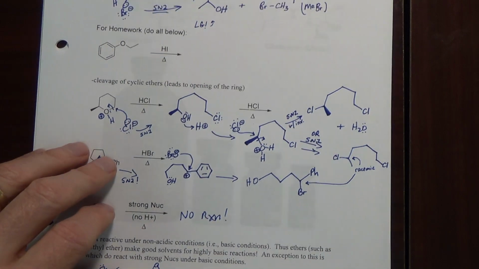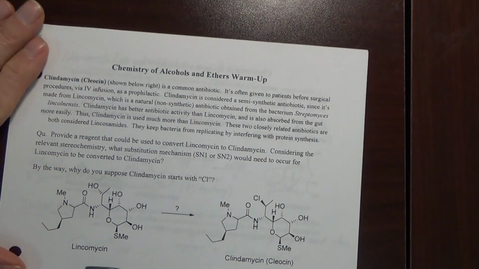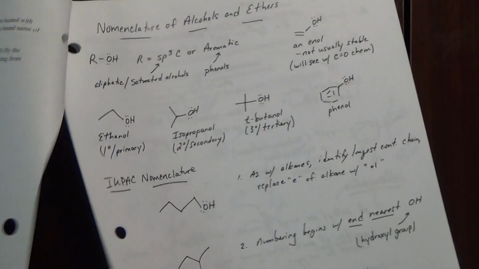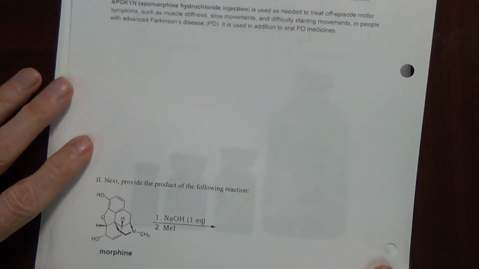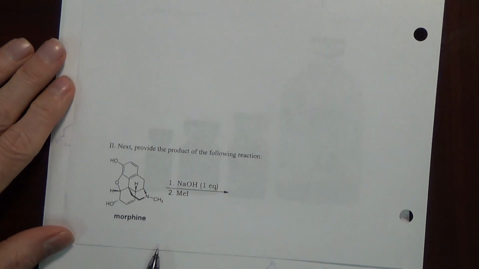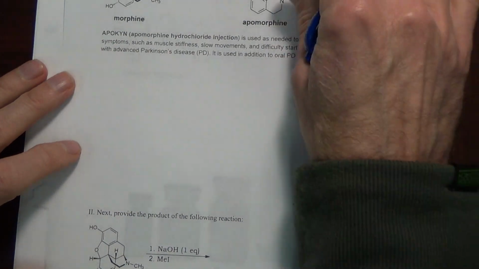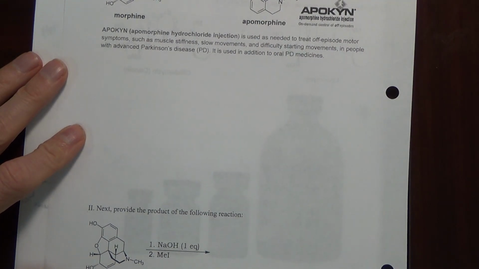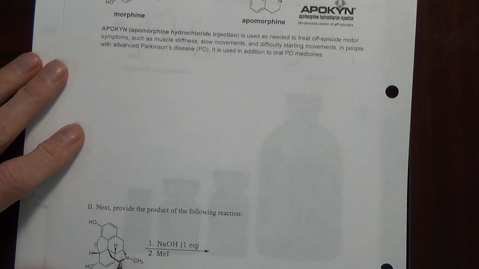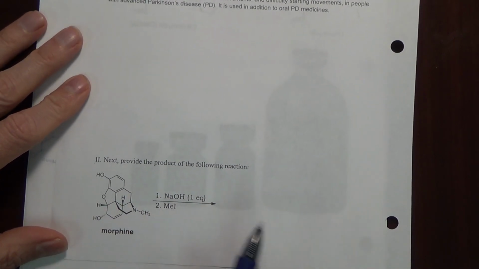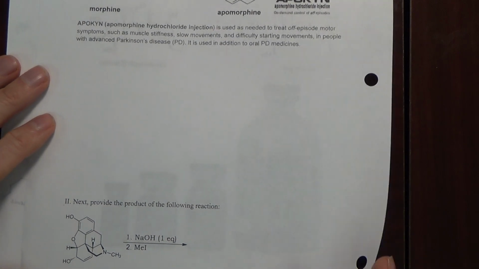All right. So cleavage of ethers. That's the handout here, Chemistry of Alcohols and Ethers. There's a warm-up page. You know, this is really just a Williamson ether setup. Question though is, which alcohol or hydroxyl group is going to be deprotonated by the sodium hydroxide?